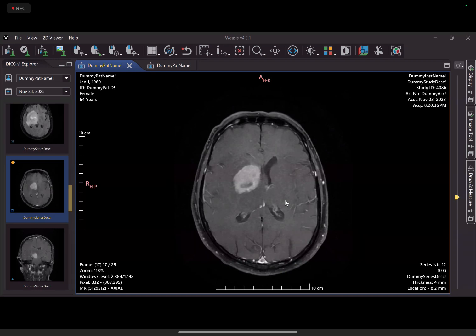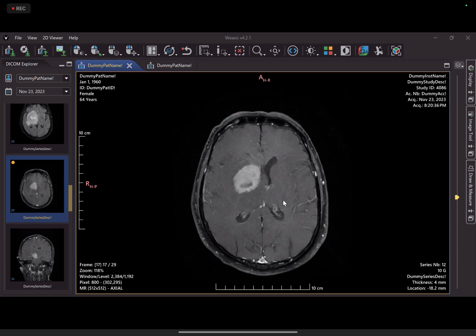Ma'am, cerebral blood flow will be elevated in cases of glioblastoma. Okay, then in case of lymphoma... You told that cerebral blood flow is elevated in case of glioblastoma, right? Is it cerebral blood flow or is it cerebral blood volume?